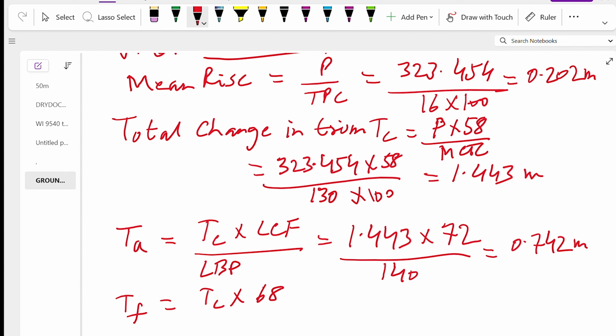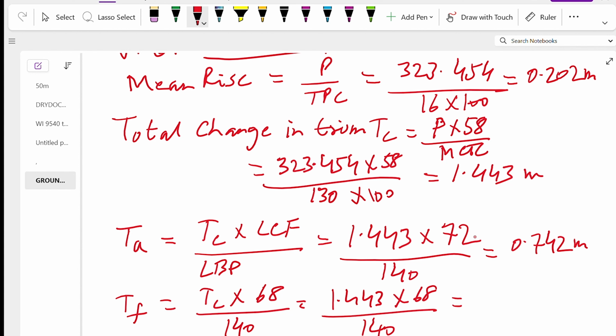So you can also do by 1 upon 140. So again 1.443 into 68 upon 140, and this comes to be 0.701.